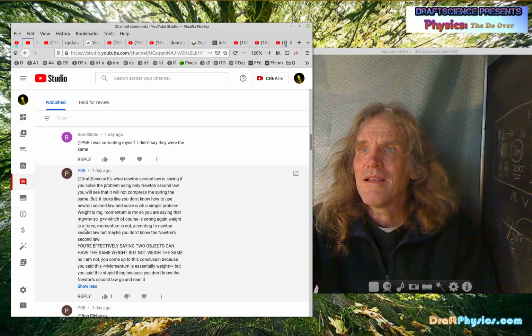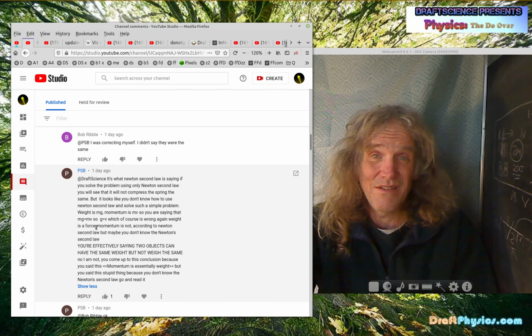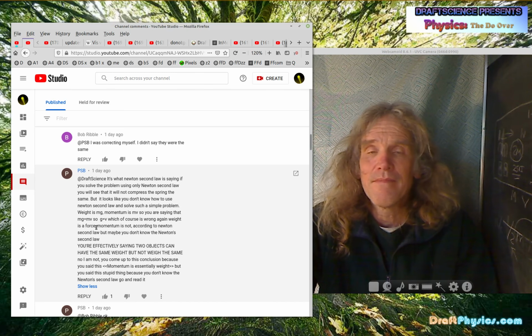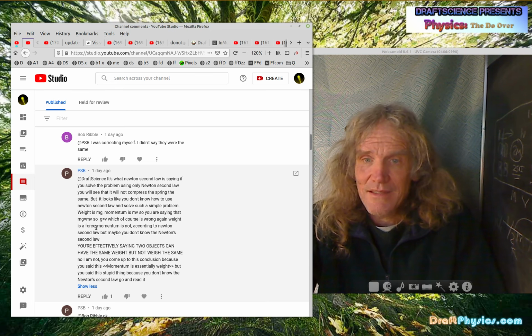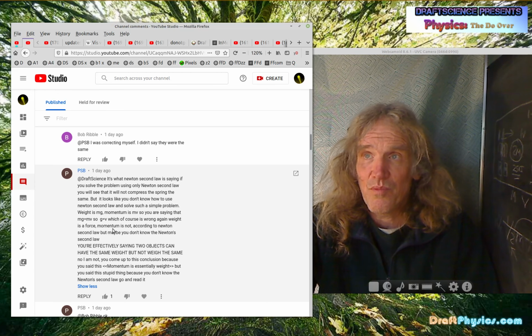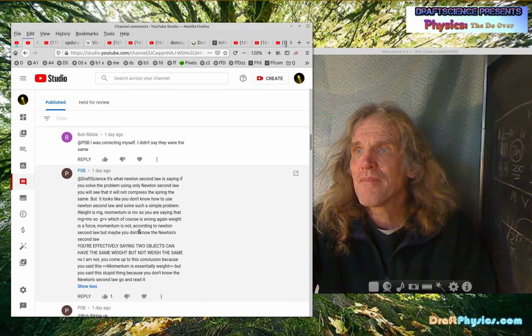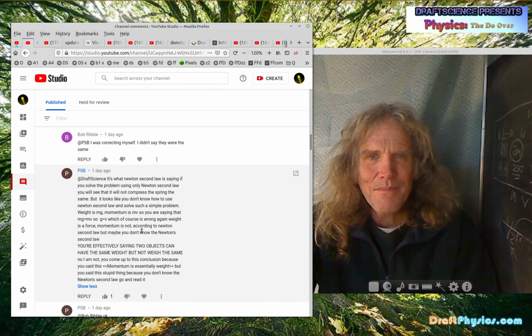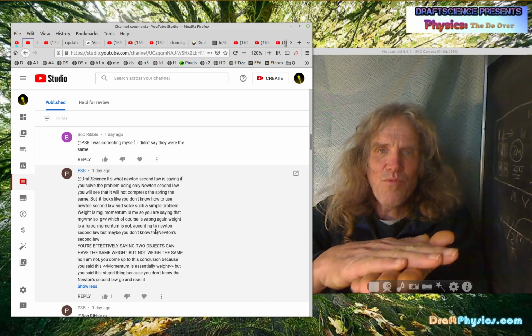Again, weight is a force, so he says weight is a force, which is too silly. I mean, it's just too silly, right? The velocity is applied to your mass. Its mass moving is your weight. Anyway, momentum is not. Well, of course it is. It's just as simple as I can put the apple on the scale. It has a weight.